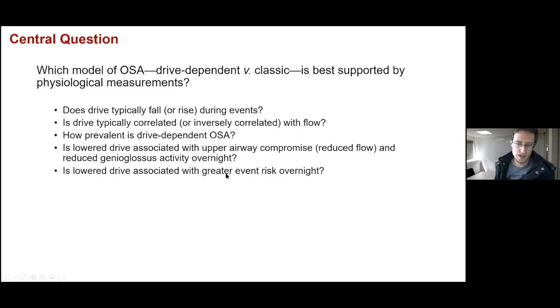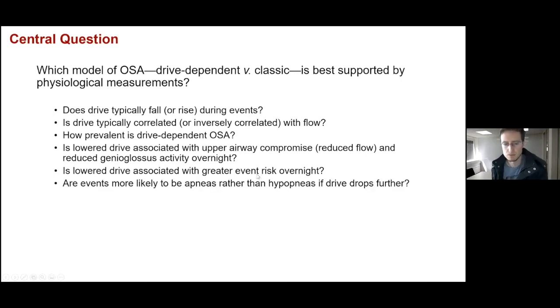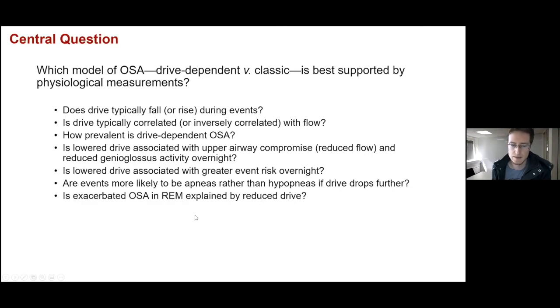And then, is lower drive associated with greater likelihood of being in a respiratory event at any given period of time? We also then looked at whether apneas had lower drive than hypopneas. As one might expect, if it's a classic model, you expect apneas to lead to higher drive than hypopneas, whereas if it's a drive-dependent model, a greater drop in drive would lead to greater collapse. So you would have greater loss of drive in apneas than hypopneas.